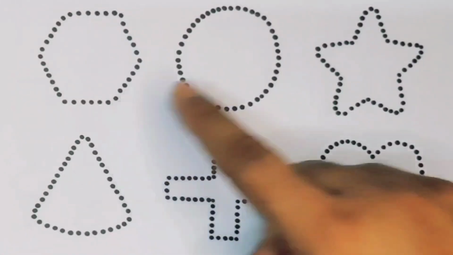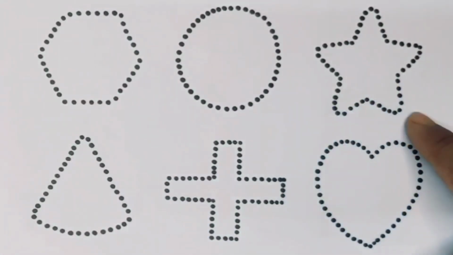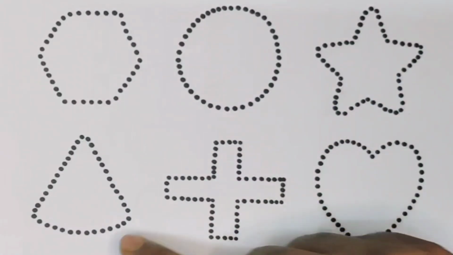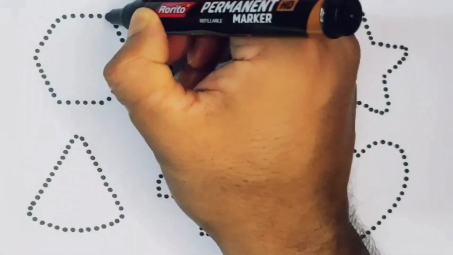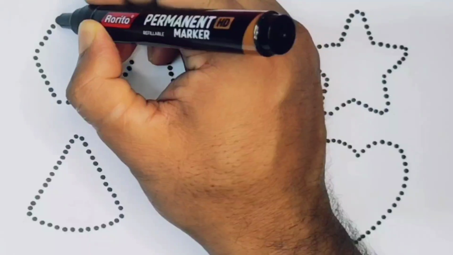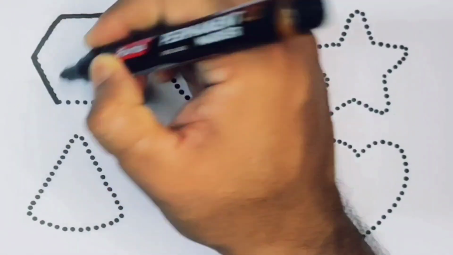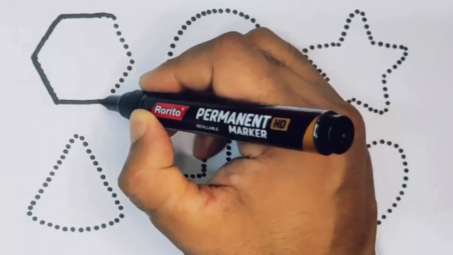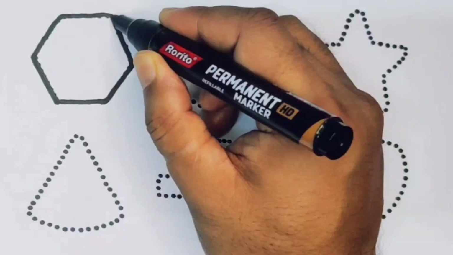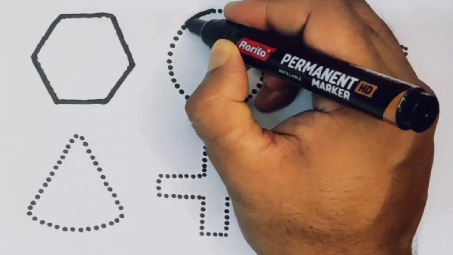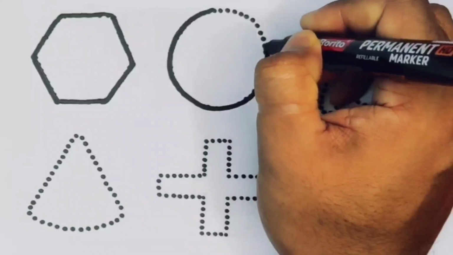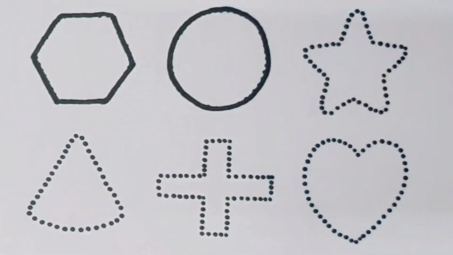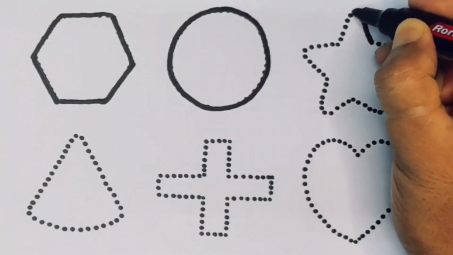Hexagon, circle, star, triangle, cross and heart. First we're going to draw the shapes. Hexagon. Next, circle. Next, star.